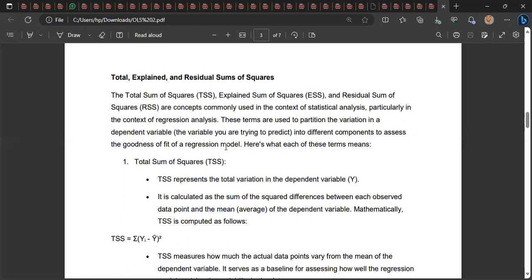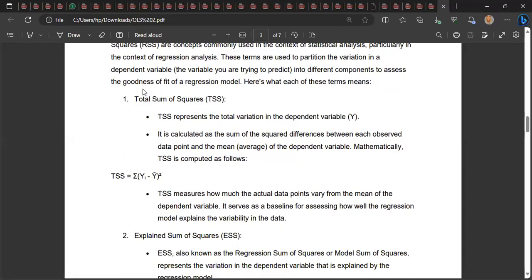So total sum of squares represents the total variation in the dependent variable, which is y. To put it plainly, your TSS, the total sum of squares, is equal to your ESS, the explained sum of squares, plus your RSS, the residual sum of squares. If you add up those two, it gives you your total sum of squares.